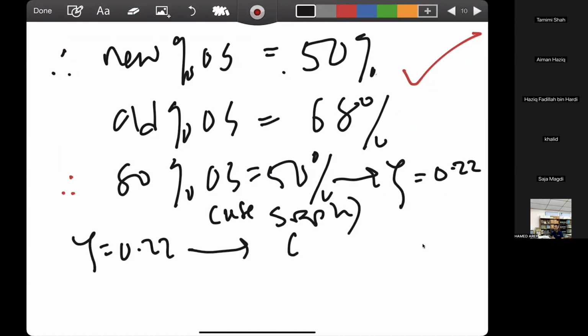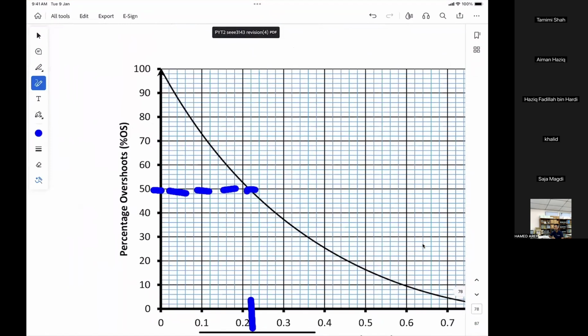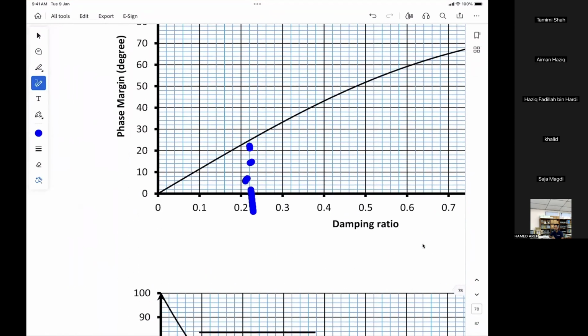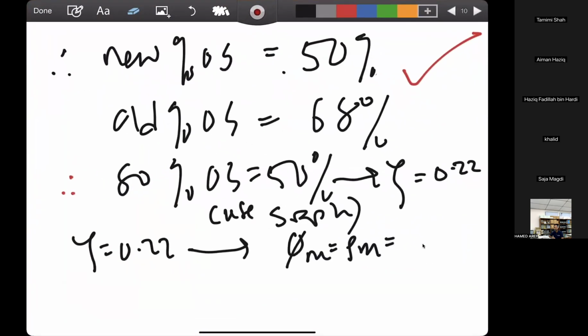Can I see the graph again? The one above it. 25. 24, 25. 25 degrees. New phase margin. Okay?